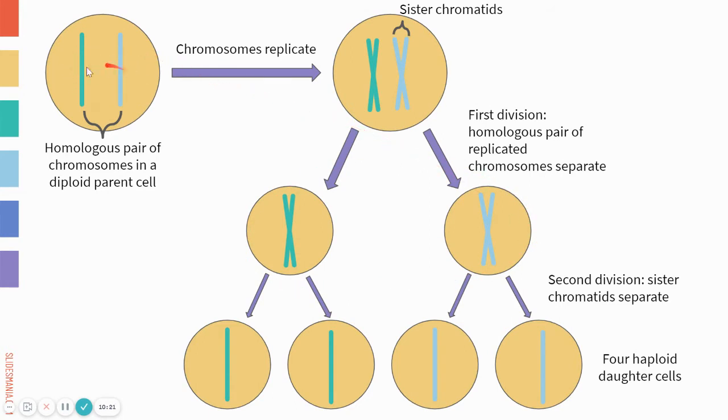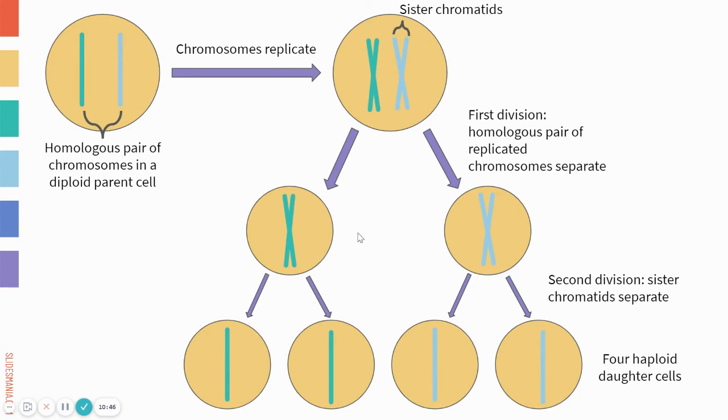This cell has 2 chromosomes, 1, 2, and we've ended with cells that are haploid. So this daughter cell only has 1 chromosome, and this daughter cell only has 1 chromosome. That chromosome is still replicated, so you can see it's still composed of 2 sister chromatids, but there's only 1 chromosome here, and there's only 1 chromosome here. So already at the end of this first division, we've created a haploid cell.